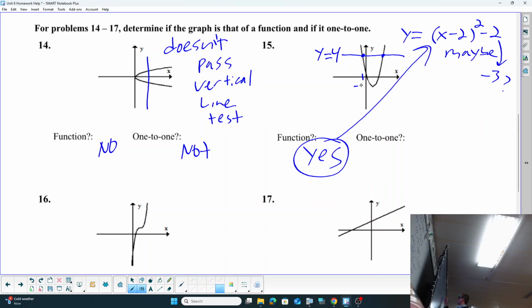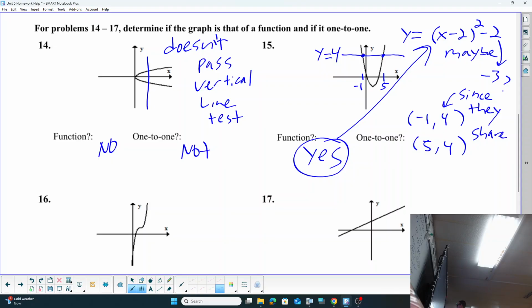Say maybe that's -1 and maybe that's 5, and you have 4 for both. Since they share the same husband, I mean the same y value, what? Yeah, it's illegal. You can't do that. No sharing the same y value.